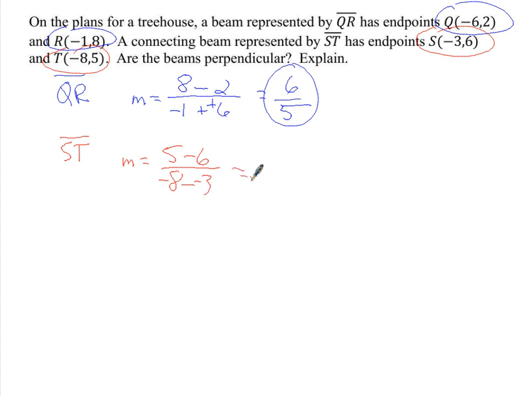All right, so 5 minus 6 is negative 1 over, change that to addition, and we get negative 5. Negative 1 divided by negative 5 reduces down to positive 1/5. Okay, so there's the slopes for those two beams.